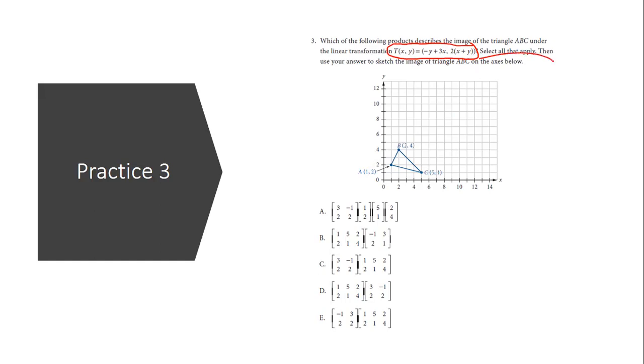Coordinate transformation means that it needs to be in the form AX plus BY. So before you can create your matrix, you have to write this as a coordinate transformation. Then you're going to figure it out and decide which one is the right setup, A, B, C, D, or E, to solve your points. All right, and go.